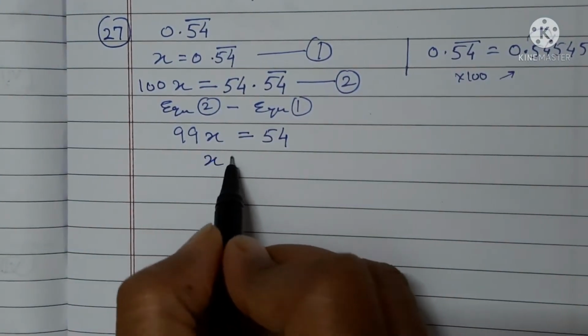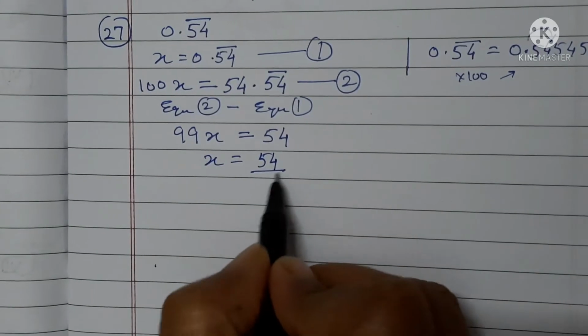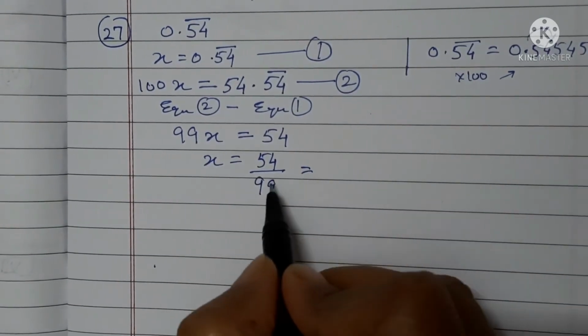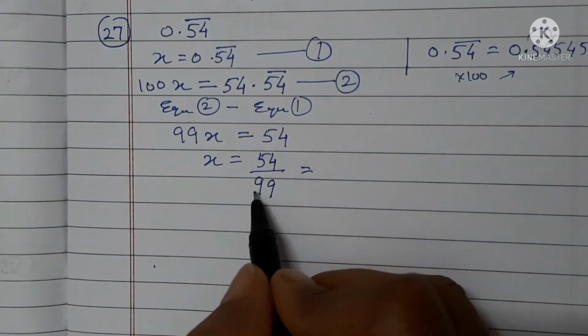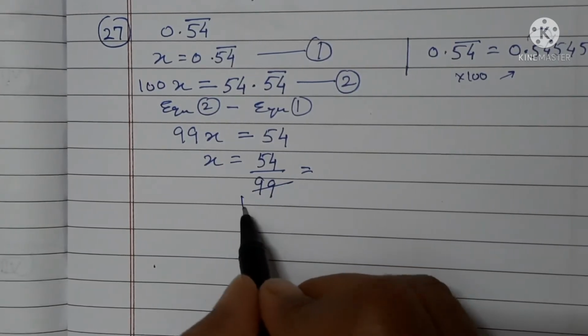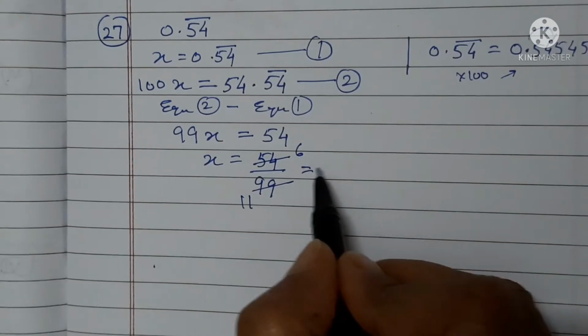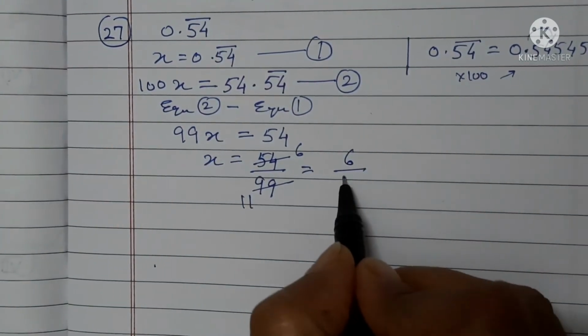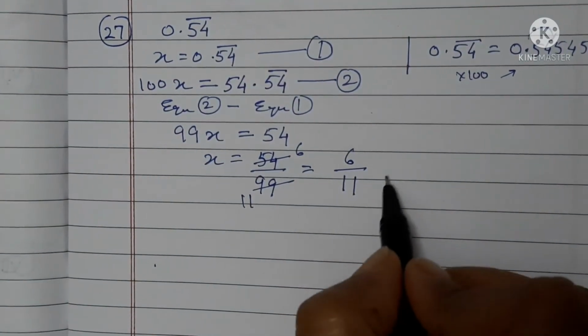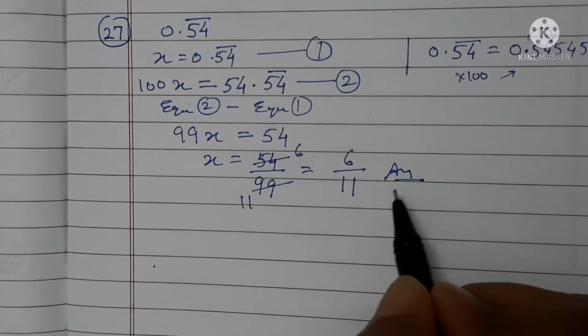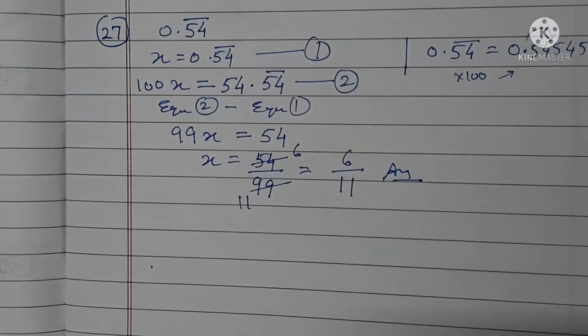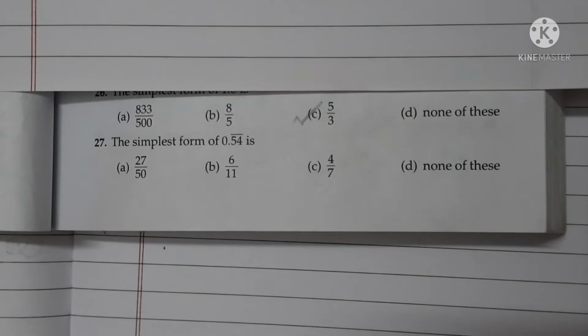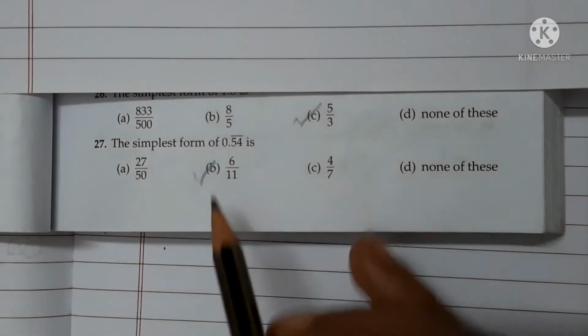Now x is equal to 54 upon 99, cut it by 9. 9 1s are 9, 9 6s are 54, you will get 6 upon 11. This is our answer. So which option is correct? Option B is correct. Take option B.